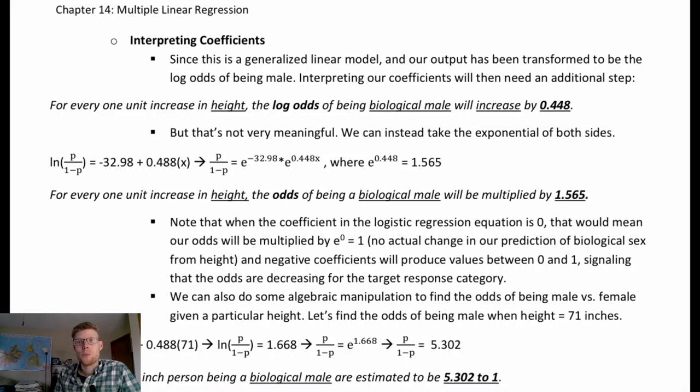I don't know about you, but that is not the most meaningful statement that I've ever read. I don't think about log odds of an outcome as intuitive, which is why we're going to do some algebraic manipulation to get this into a form that's more clearly linked to the response, just the probability, or we could also call it the likelihood, of being biologically male.